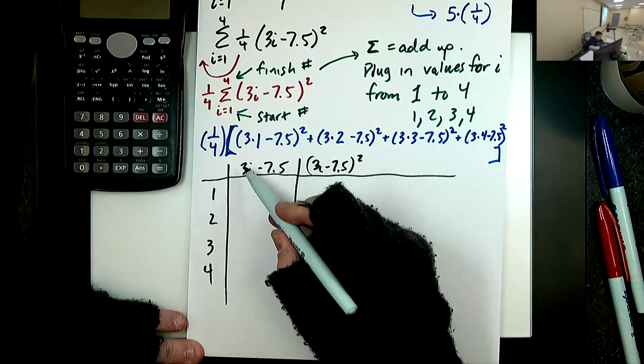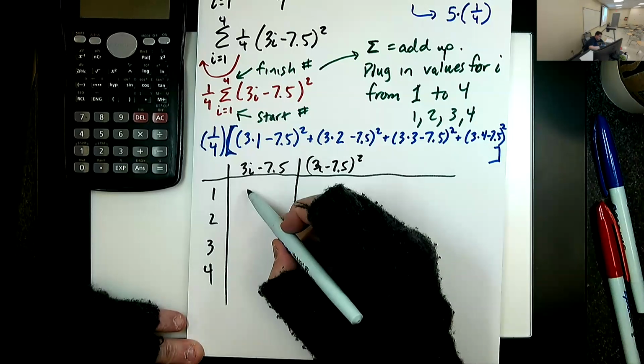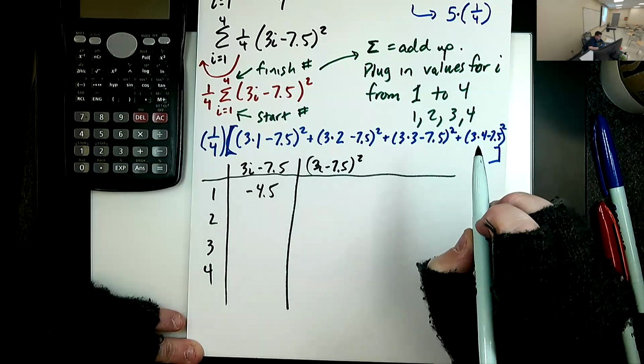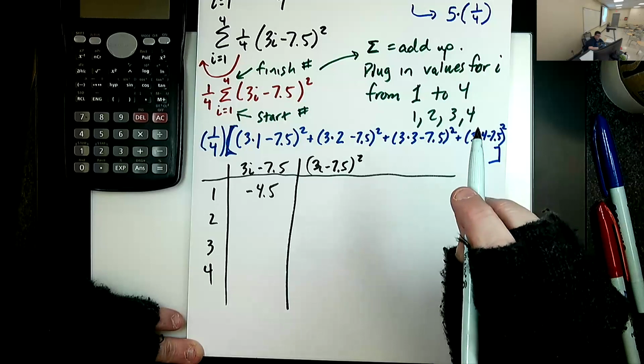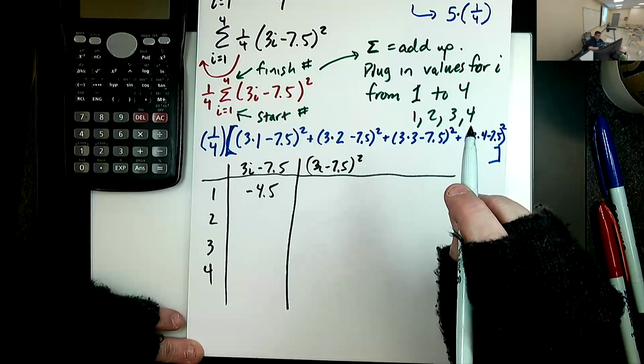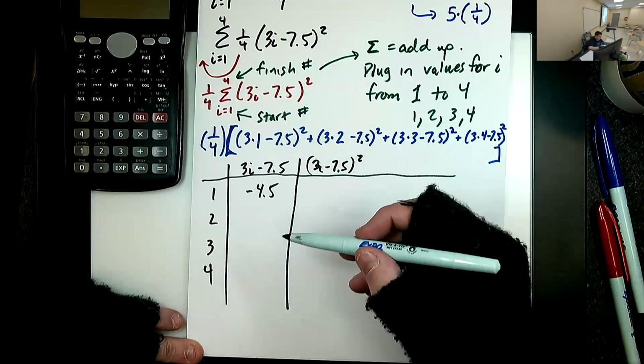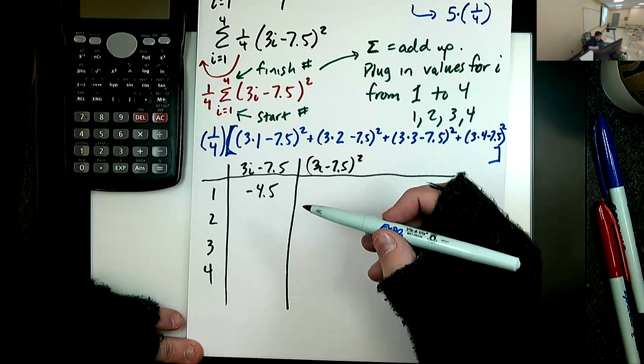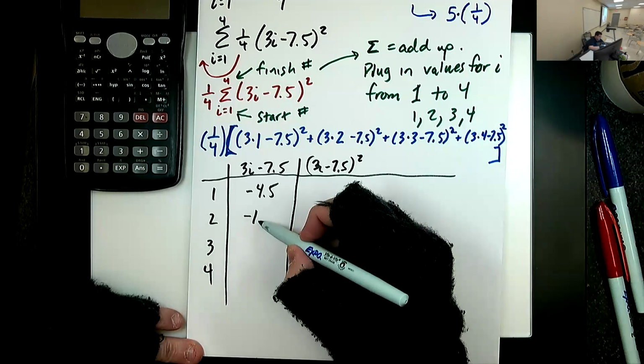So I have 3 times 1 is 3, minus 7.5. This is negative 4.5 if we follow order of operations. If I do 3 times 2, I get 6. 6 minus 7.5 is negative 1.5.